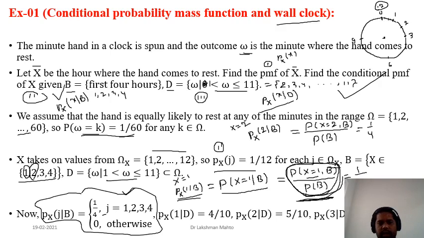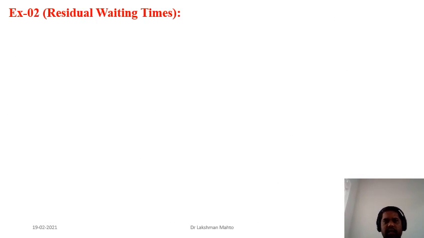We are going to calculate the second kind of conditional mass function, the conditional probability mass function of x given D. Here I have directly written the answer, but I will go for a fresh slide and solve it here. What is D? D is talking about the minute between 1 and 11, up to 11.